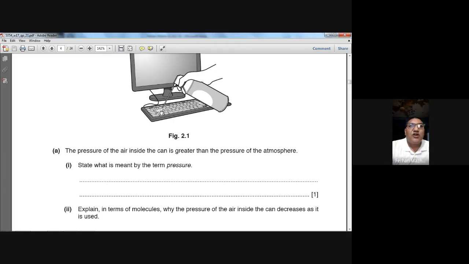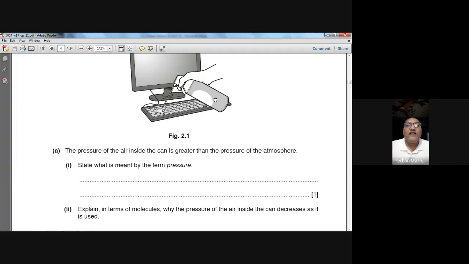So the number of molecules of the air which are left inside the can decreases, because some of the air has come out of the can. Technically, we say that the number of molecules of air per unit volume inside the can has decreased.